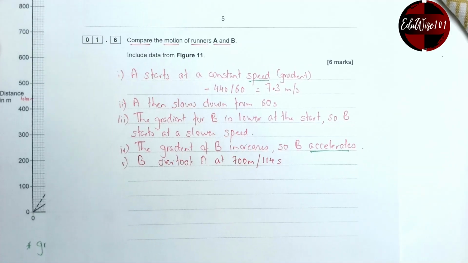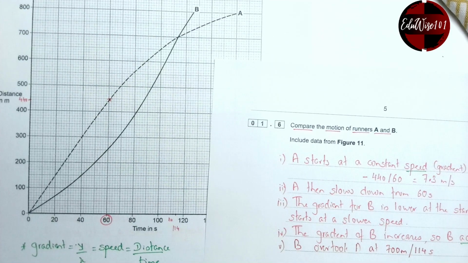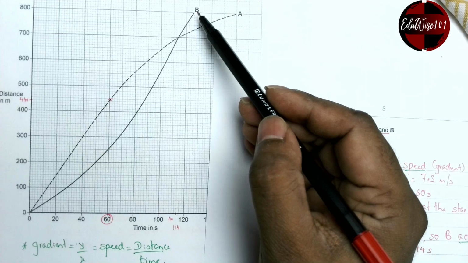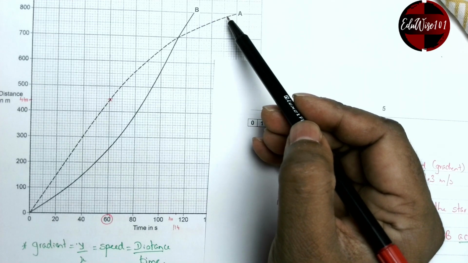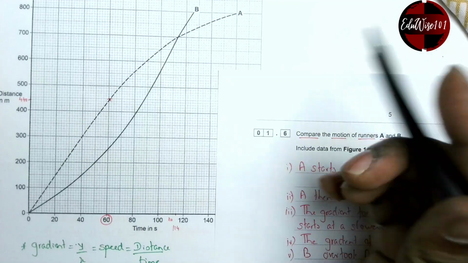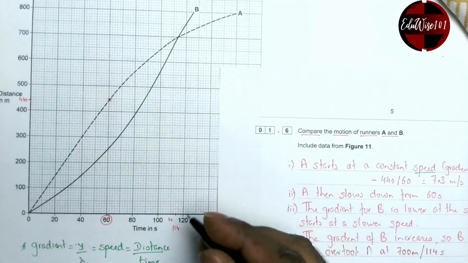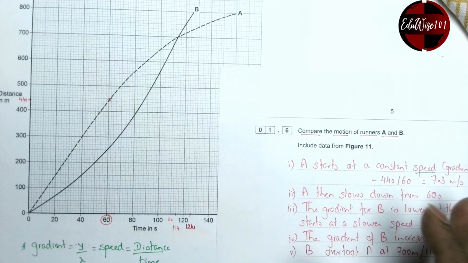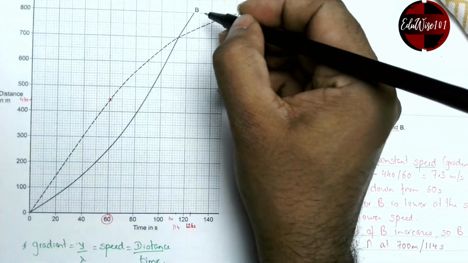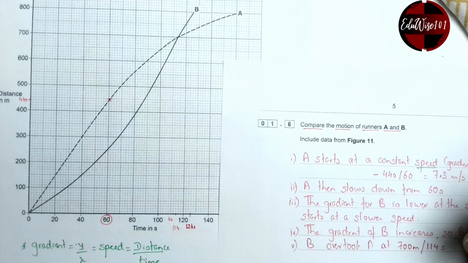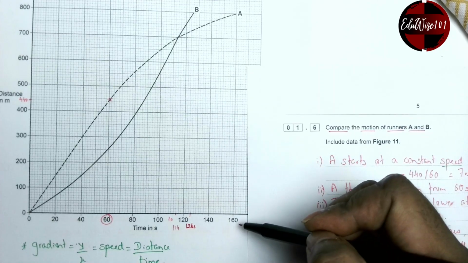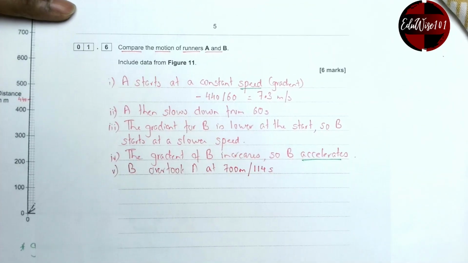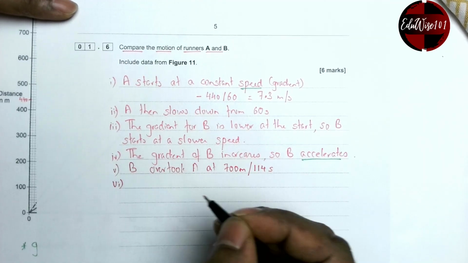Right? So when we look at the overall speed of B, right, because runner B actually completed the race before A, right? So at about 130, it will be 126 seconds, runner B has actually finished the race, whereas it took 160 seconds for runner A. So 6 point.